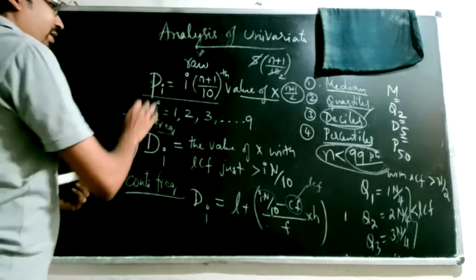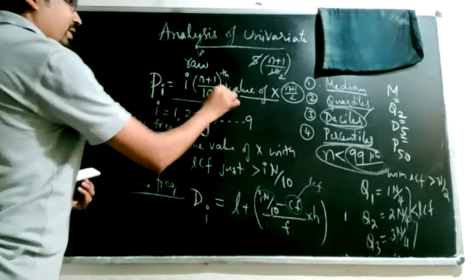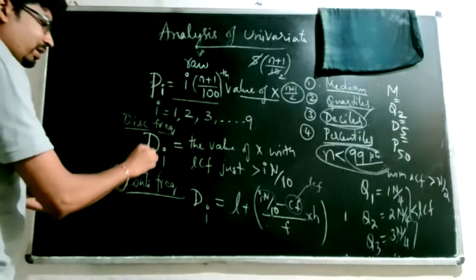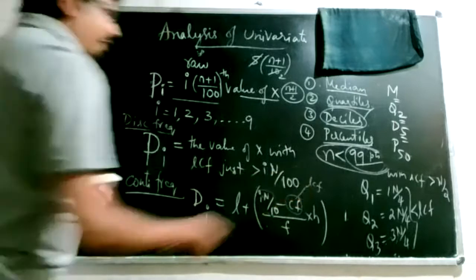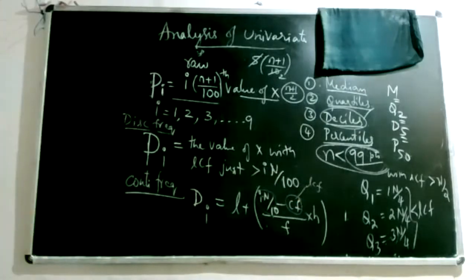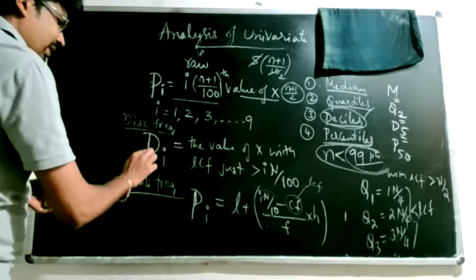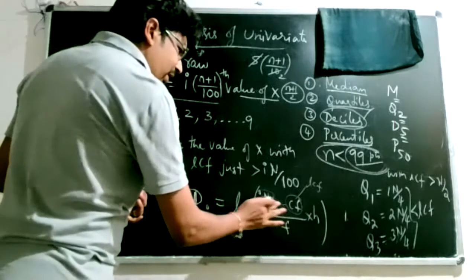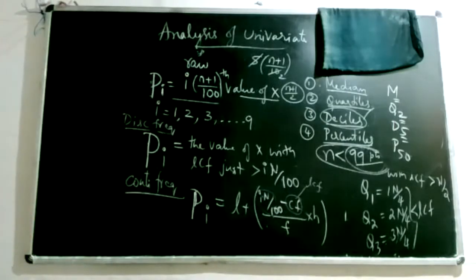So for raw data, percentiles are indicated by Pi. So it could be i into (n+1) by 100. For discrete frequency data, Pi is equal to the value of x with LCF just greater than i n by 100. And for continuous frequency data, Pi is equal to L plus (i n/100 minus Cf) by f into h.